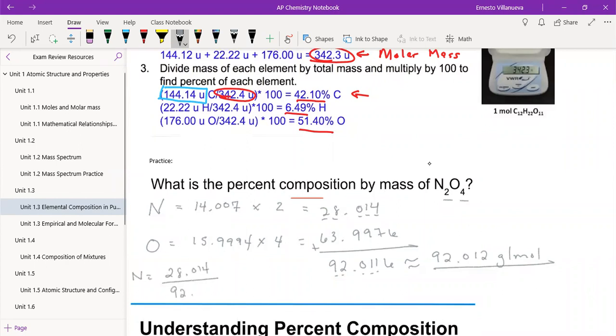Then I'm going to divide that by 92.012 and multiply that by 100. 28.014 divided by 92.012 gives me a total of 30.45%. Okay, so this is nitrogen.